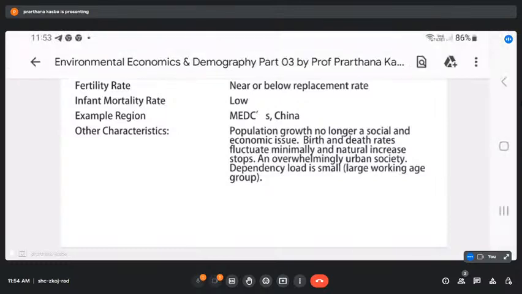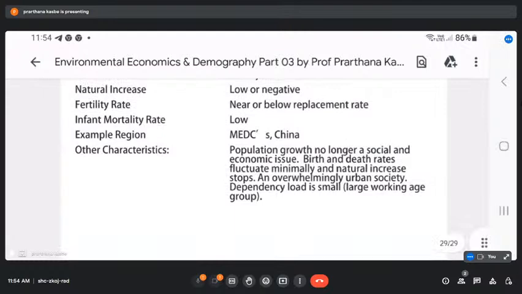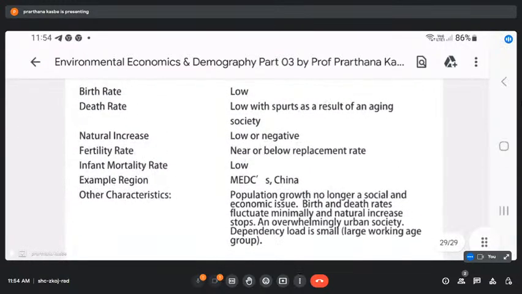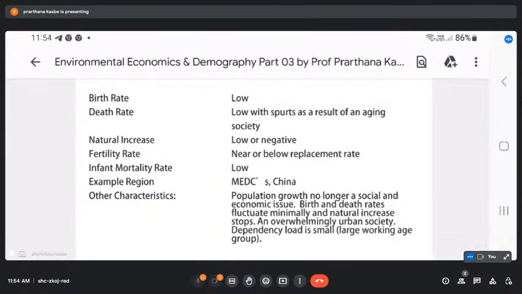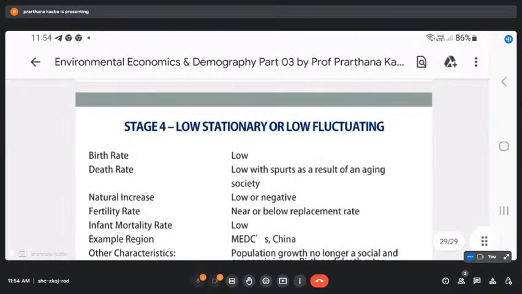In an urban society, the dependency load is small, with a large working age group. So stage 4 has a low birth rate and a low death rate, in a fluctuating or low stationary manner.